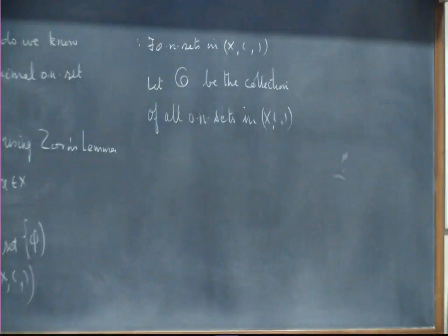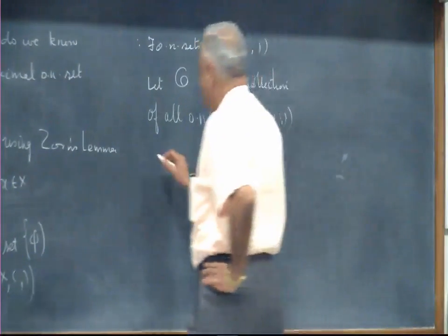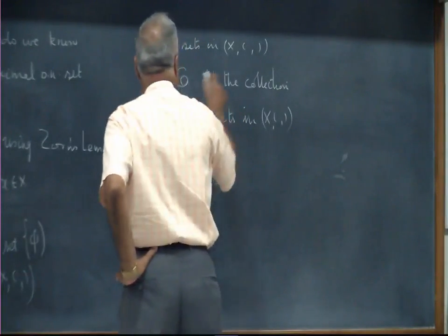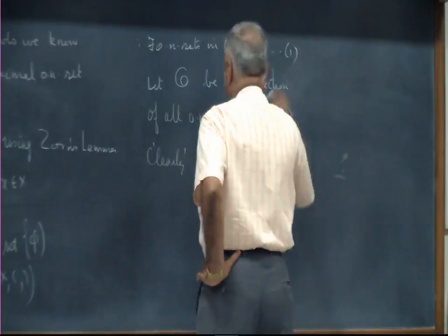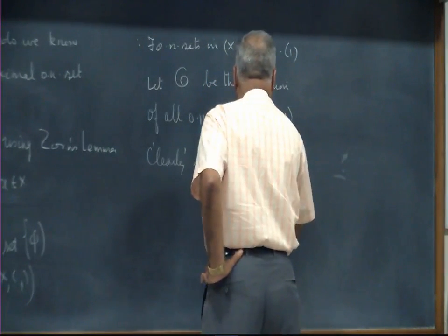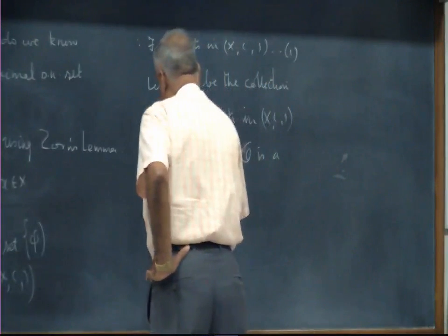Obviously, this is a non-trivial collection, because we have already seen that there is at least one, because there will be one non-zero vector. Clearly, by 1, O is a non-empty collection.